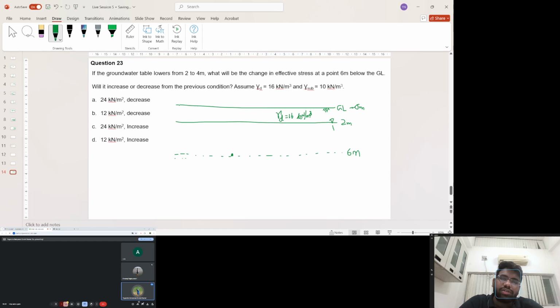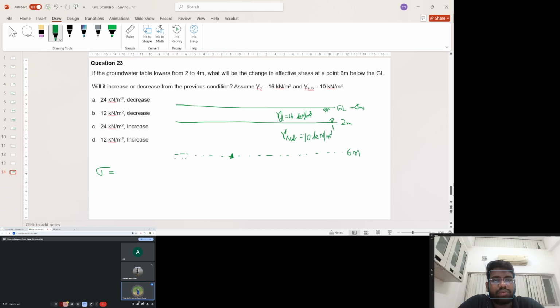First condition is this one. So let us calculate the effective stress for this condition. First you calculate total stress. Consider gamma W as 10. Total stress will be, initially, gamma dry. Gamma submerged is 10 kilonewton per meter cube.